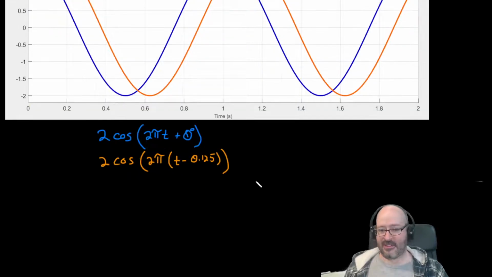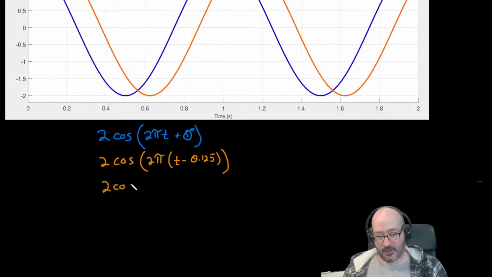To figure out the angle is really just a matter of taking this angular frequency and distributing it to both of these terms. So we can say 2 cosine 2 pi t, and I'm going to subtract 2 pi times 0.125, just like that.